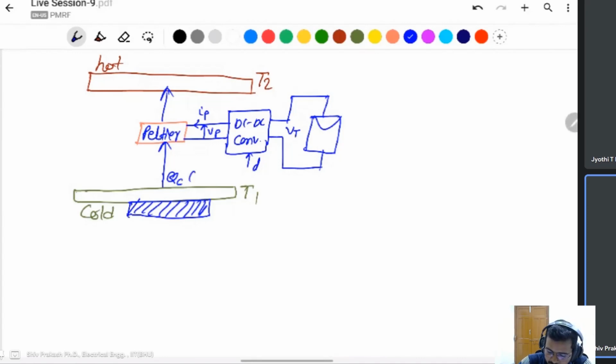You can denote it in watts also, because this is the heat transfer, the heat rate, energy per second, which is the watt, joule per second also. 1 watt is equal to 1 joule per second.